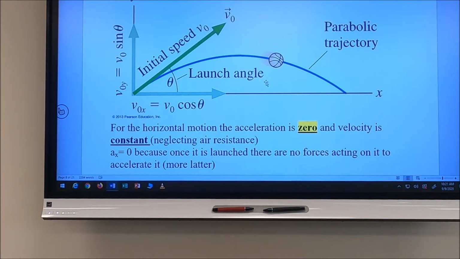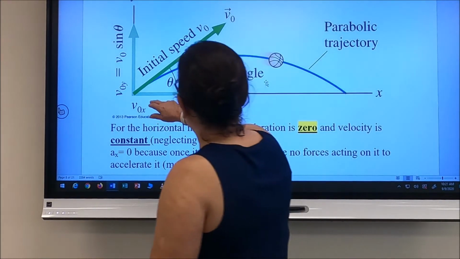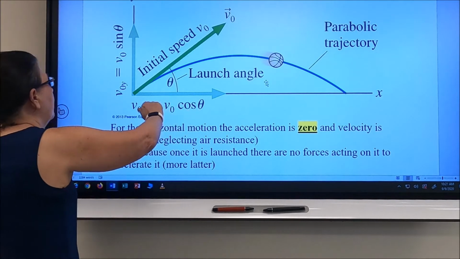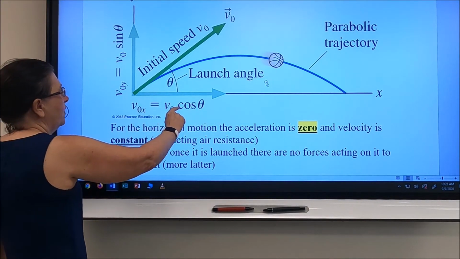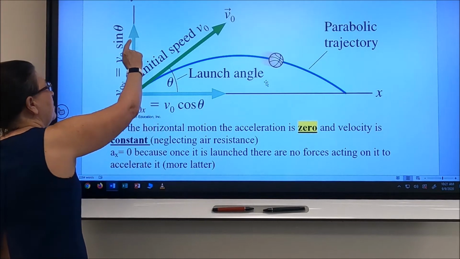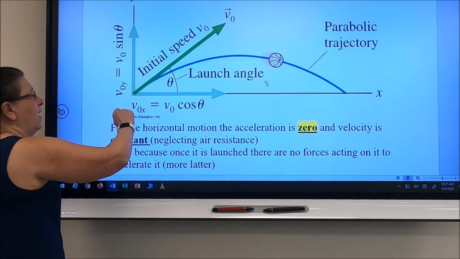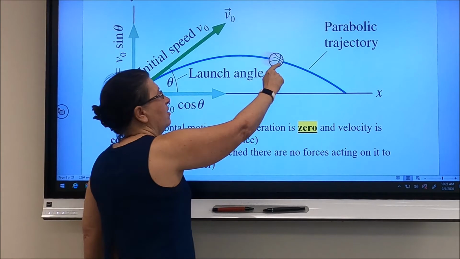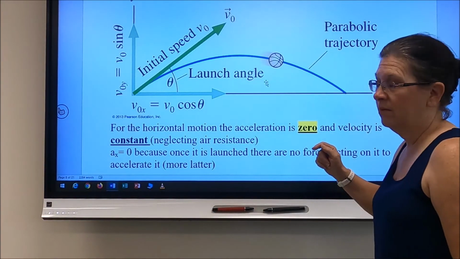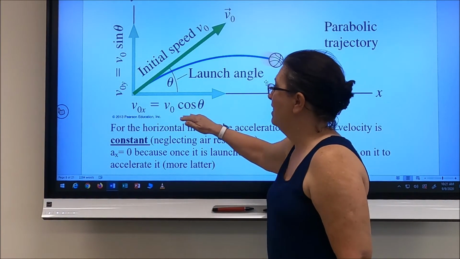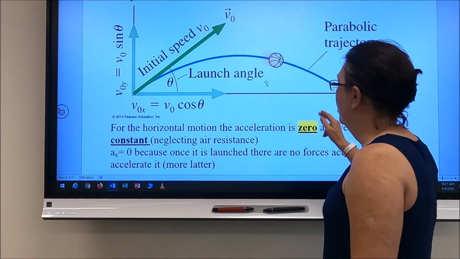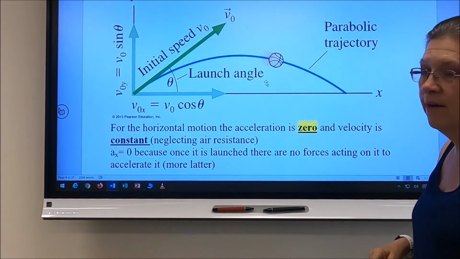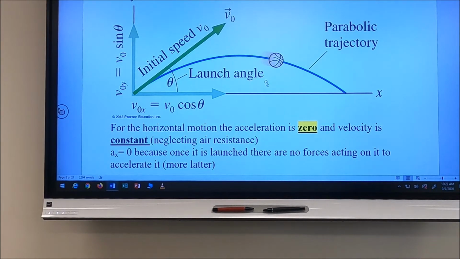So here's a basketball that was thrown. It had an initial velocity v0. It's going to have an x component, v0x equal to v0 cosine theta, and v0y equal to v0 sine theta. And it's going to follow this parabolic pathway. The velocity in the x direction is going to remain constant. The velocity in the y direction over the course of travel is going to change.